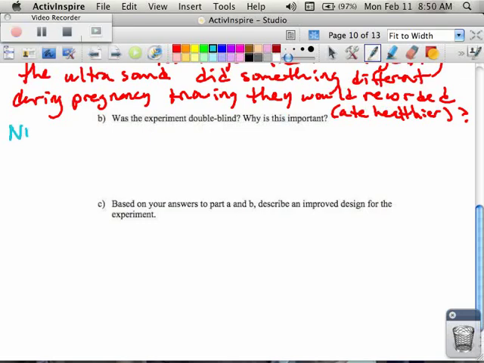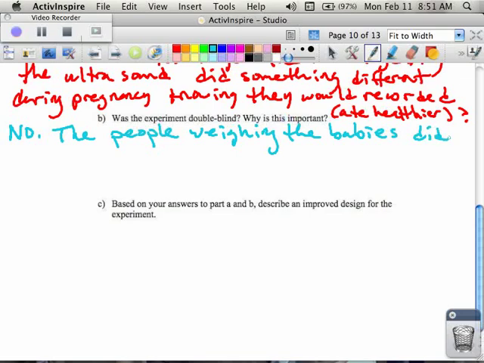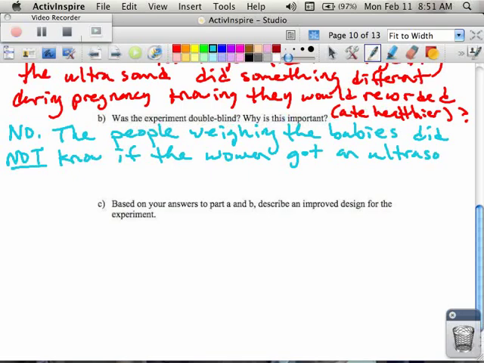Well, in that case, it would be though. No. The people weighing the babies did not know if the women got an ultrasound, but the mothers knew.